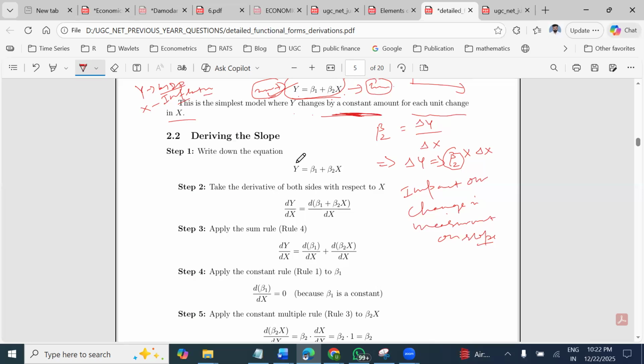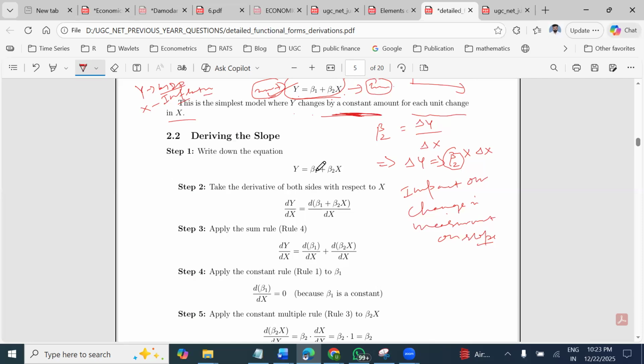Like, you know what beta 2 is, but if you don't know what will happen if y, GDP, is given in trillion and x is given in some other percentage, how will you interpret it if such a question comes? Are you getting my point? Yes, sir. Then all of our understanding is zero. So to avoid that, I will just make you aware so that you will remember.